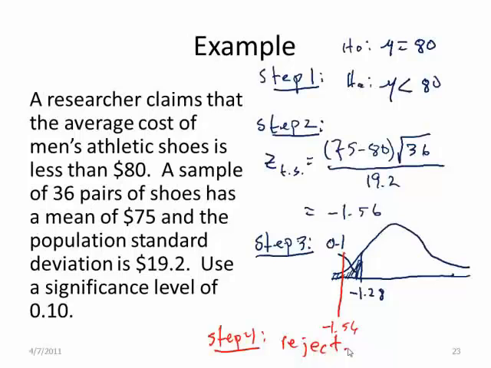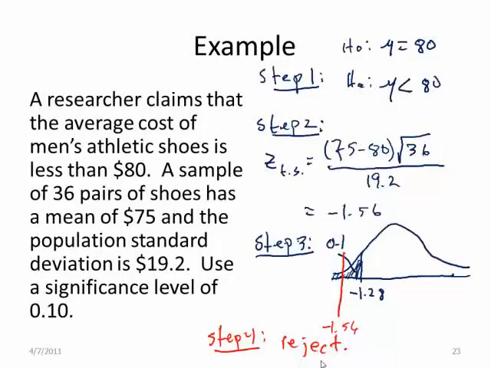And then step 5, formalize your results. Well, I'm going to use the exact same sentence I used on the previous slide. So at alpha equals 0.1, the data indicates that the mean cost of men's athletic shoes is less than $80. All you're going to do is write a sentence based on what you have up here.